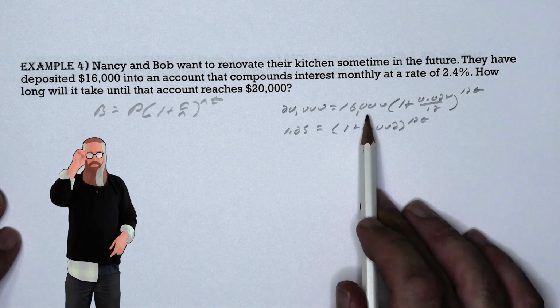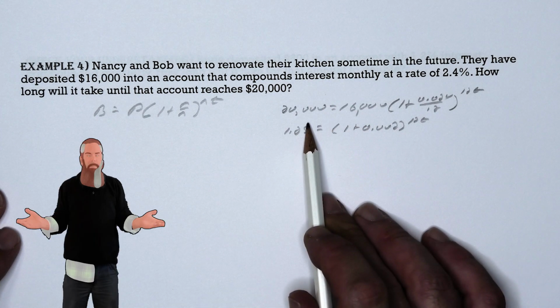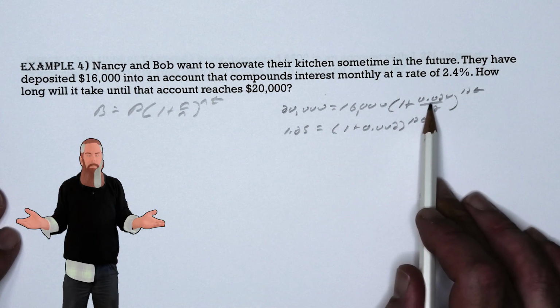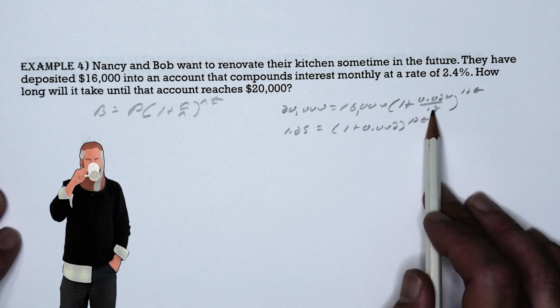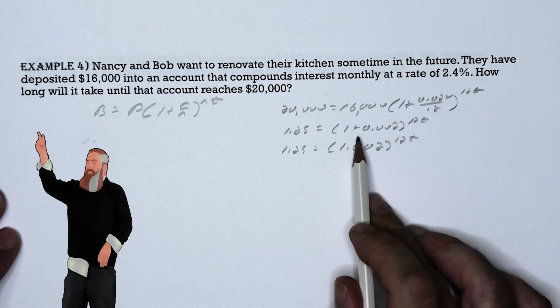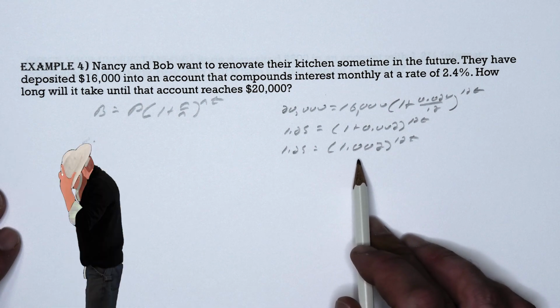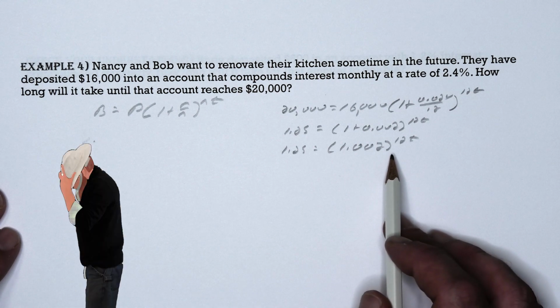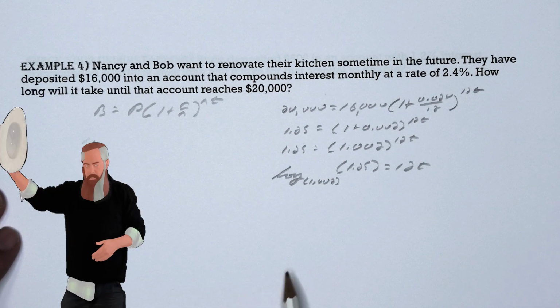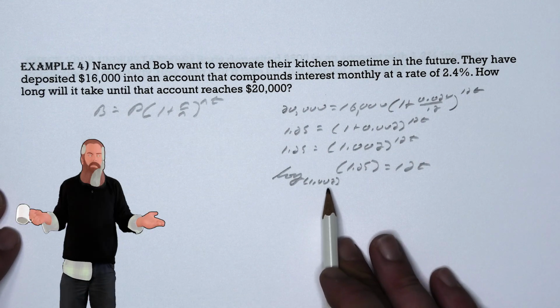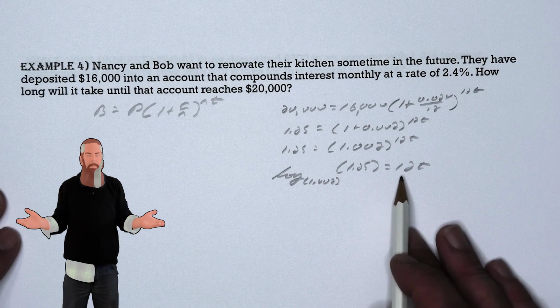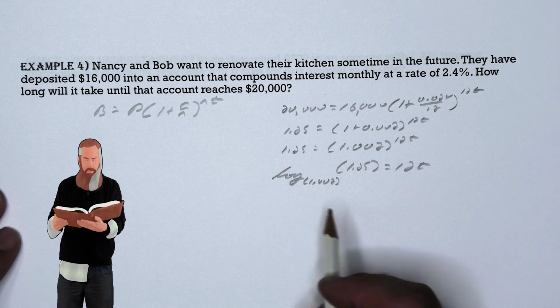We do a little bit of calculation by dividing both sides by 16,000. We also do 0.024 divided by 12. We then combine those like terms to get 1.25 is equal to 1.002 to the 12t power. This means that log base 1.002 of 1.25 is equal to 12t.